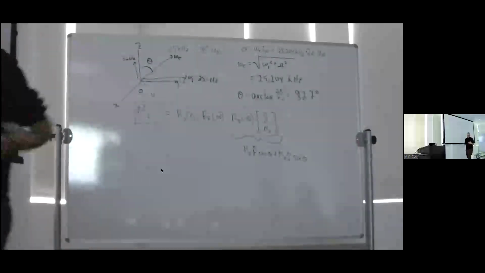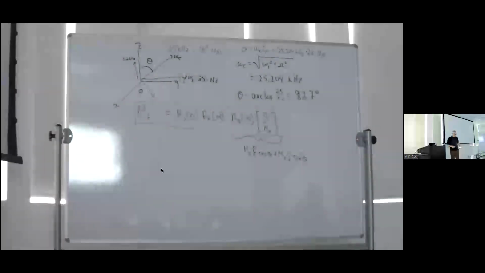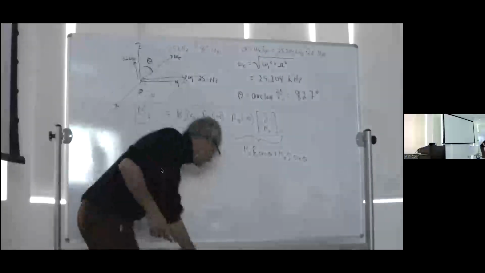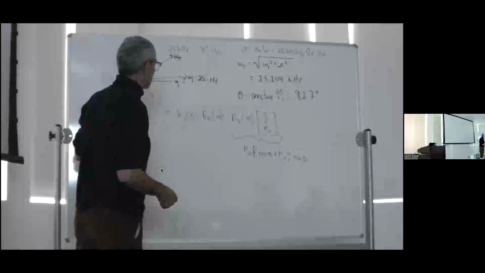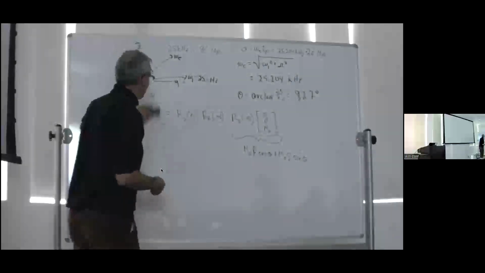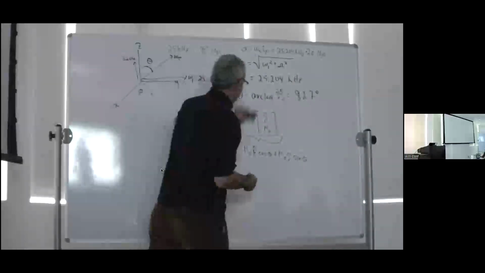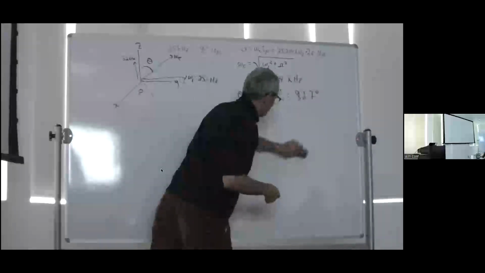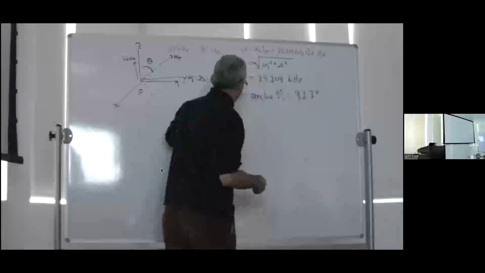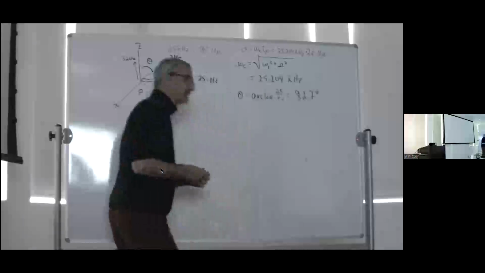Are we on time? So let's do the one I'll do with you all the way through, which is this approximation. And then when you do the exact calculation, you can see how good the approximation was.